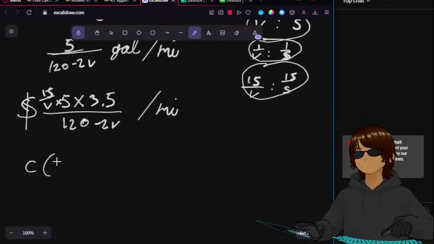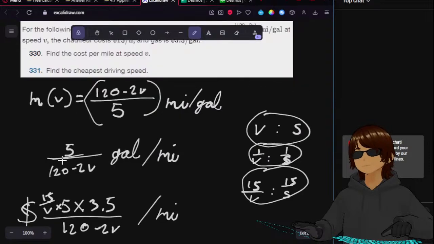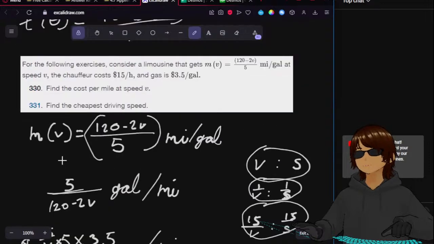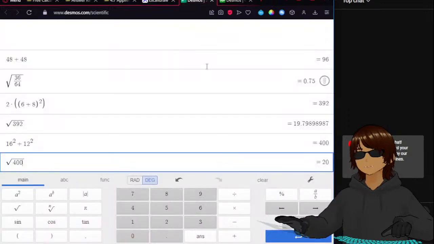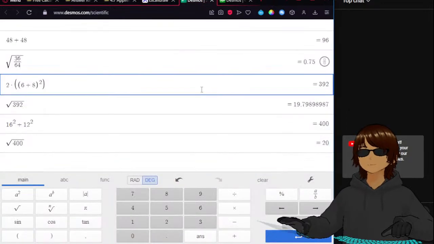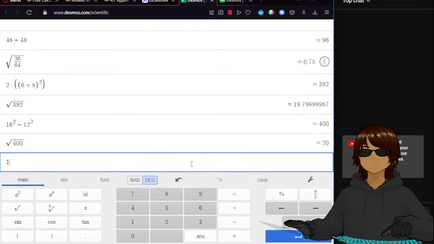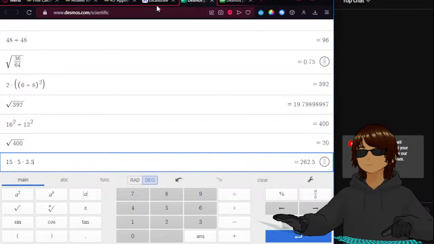So the cost at speed V, this is probably wrong. 262.5.